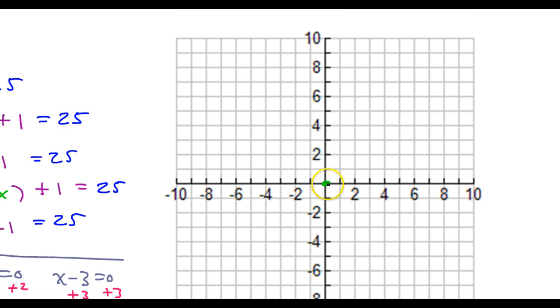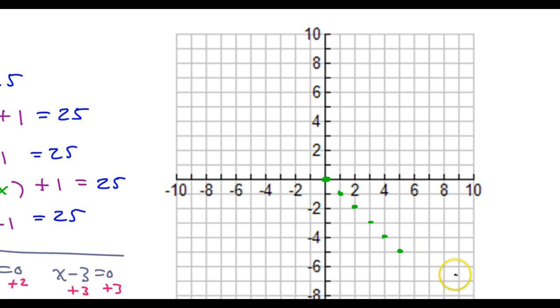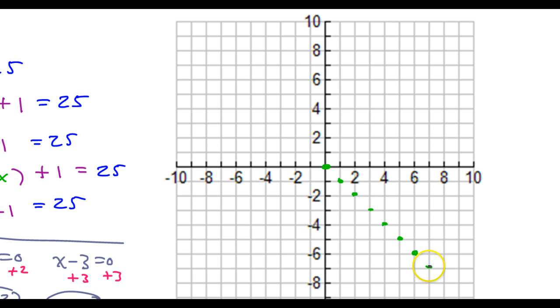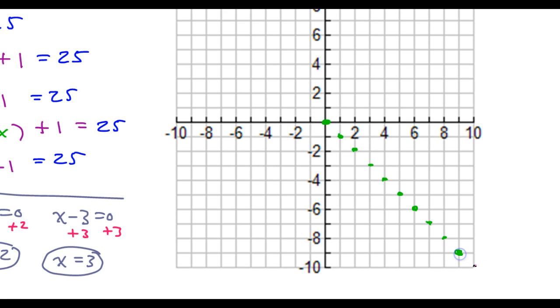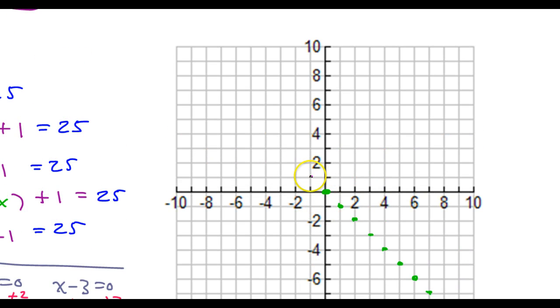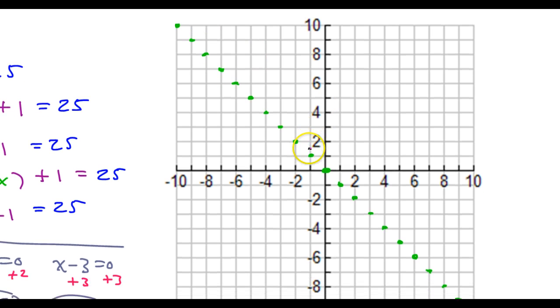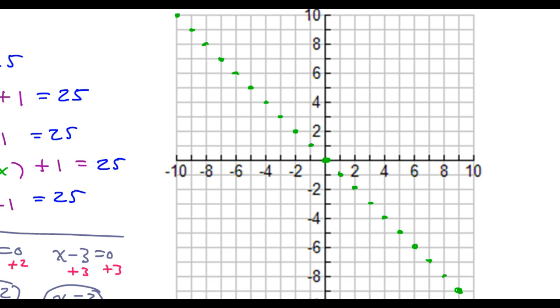From the y-intercept I can go down 1, right 1, down 1, right 1, over and over again, and I can clearly see where this line is. And I can continue the pattern to the left as well. So your line is going to look like that.